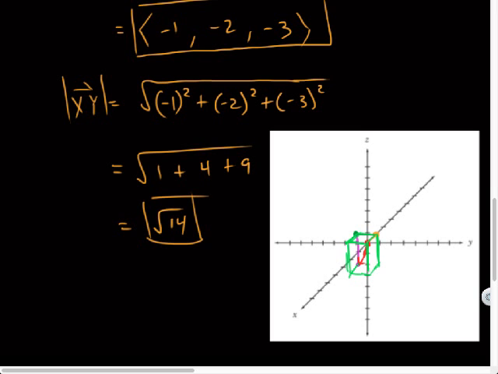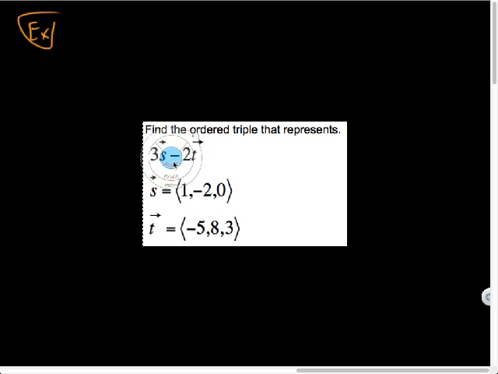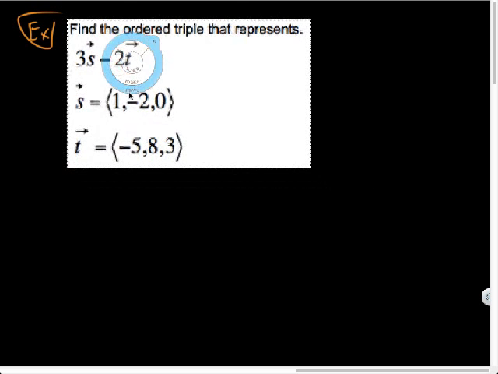It turns out in 3 dimensions, all of your vector operations are also very similar. So let's do another example. Find the ordered triple that represents 3 times vector s minus 2 times vector t.